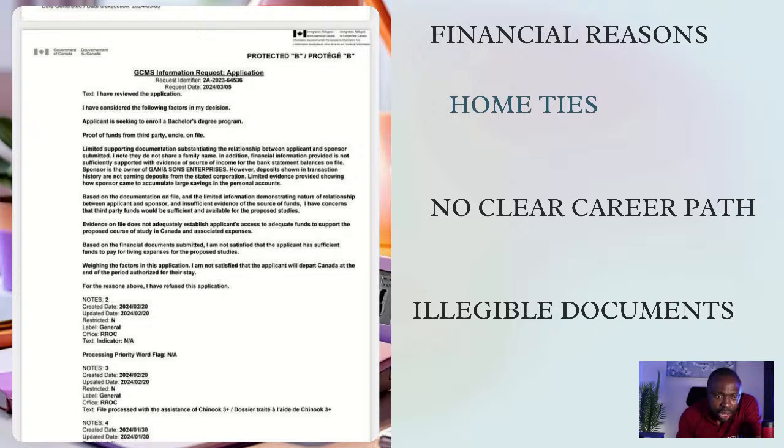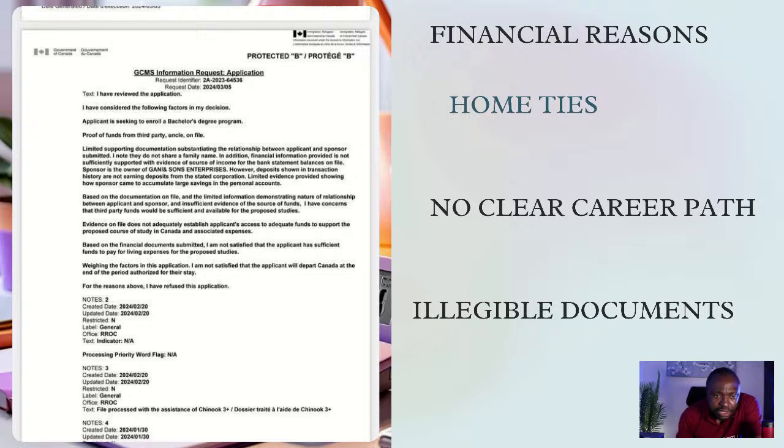Sponsor is the owner of this company. However, deposits shown in the transaction history are not any deposits from the stated corporation. Limited evidence provided showing how sponsor came to accumulate large savings in personal accounts.